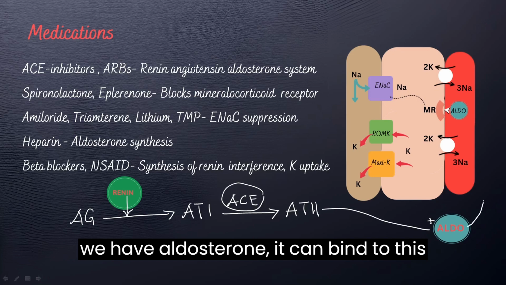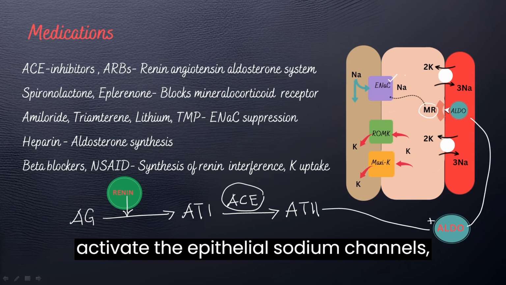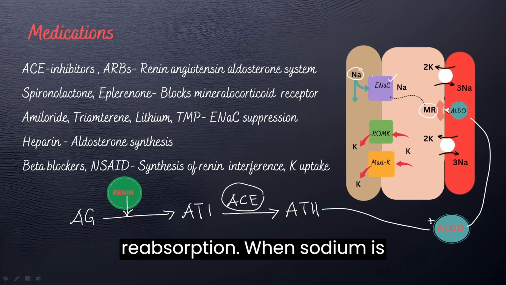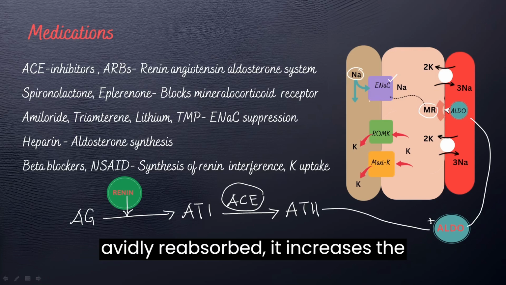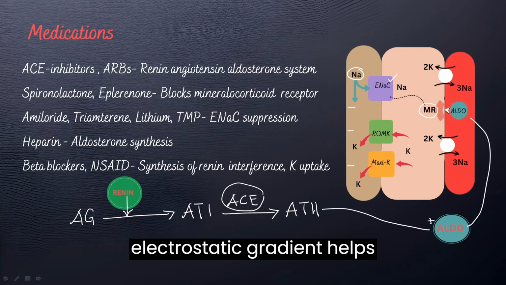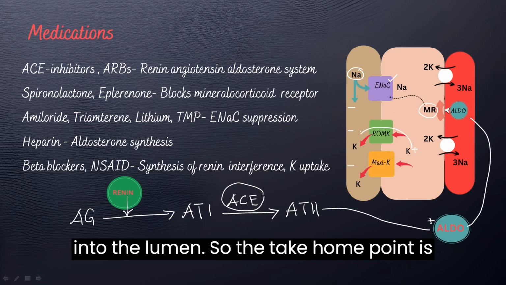So if we have aldosterone, it can bind to these mineralocorticoid receptors, they can activate the epithelial sodium channels, and then it can increase sodium reabsorption. When sodium is avidly reabsorbed, it increases the electronegativity of the lumen. That electrostatic gradient helps with the secretion of potassium into the lumen.